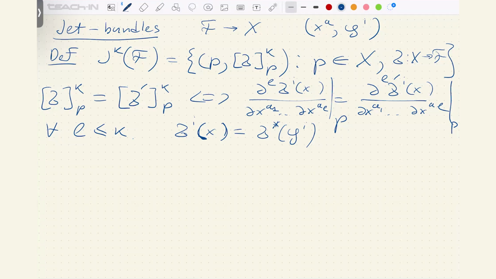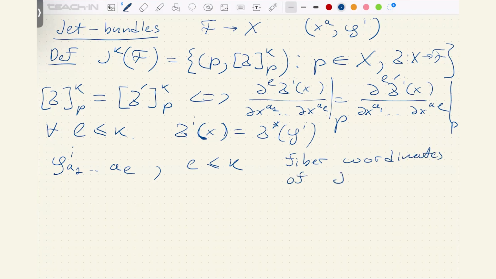So we can introduce coordinates. Let's call them phi^i_{a1...al}, with l less than or equal to k, and these are fiber coordinates of J^k F, right?